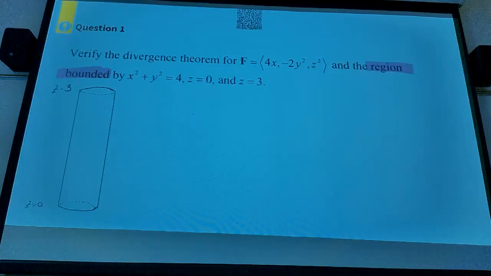If this was instead the region cut from x squared plus y squared equals 4 by z equals 0 and z equals 3, that is now an open surface, which means divergence theorem would not have been applicable there.